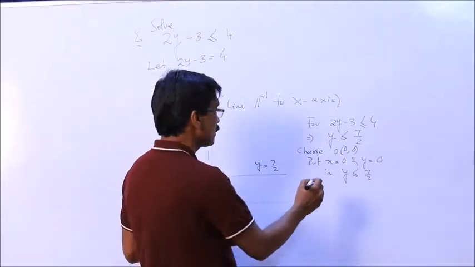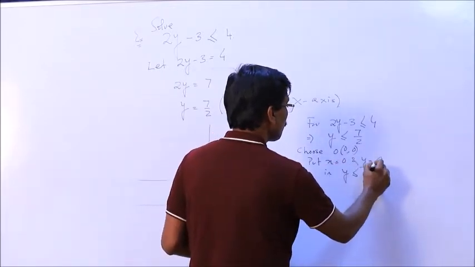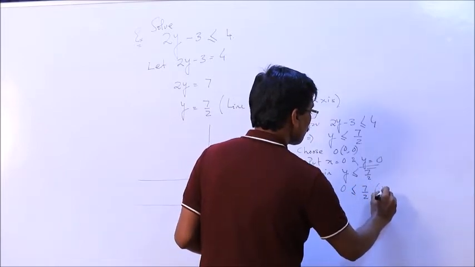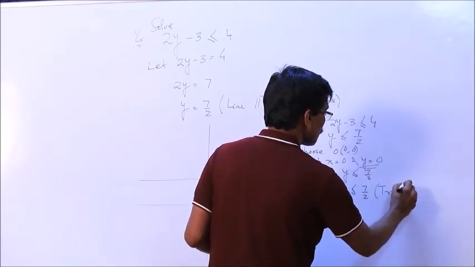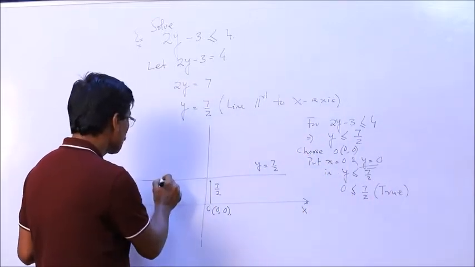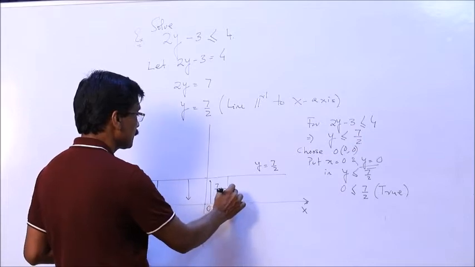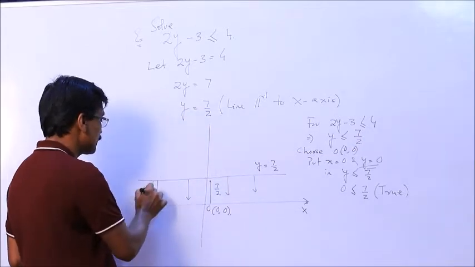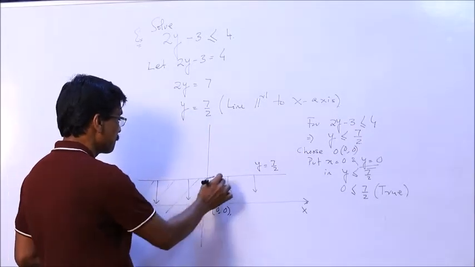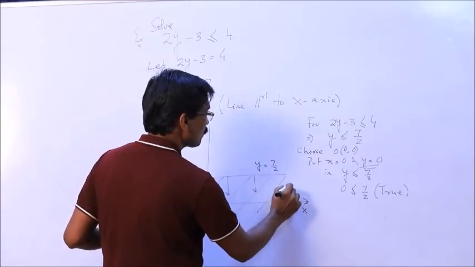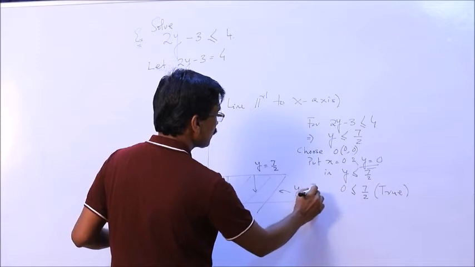There is no x term, only y. So, 0 less than or equal to 7 by 2 is obviously true. That means it is towards the point. So, we can shade this region, that is y less than or equal to 7 by 2.